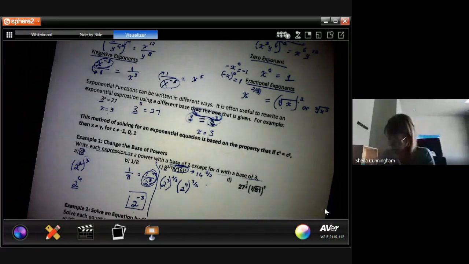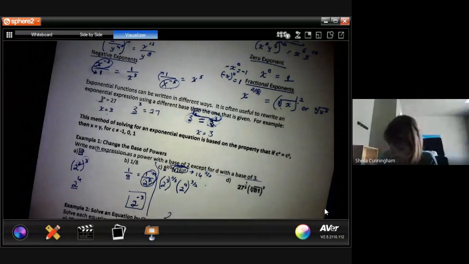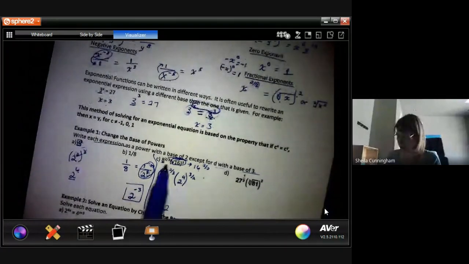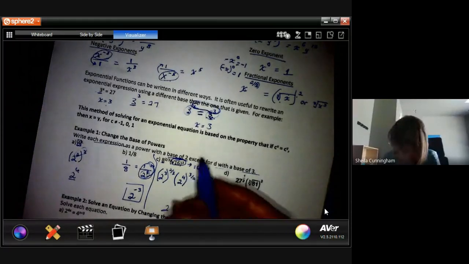So there's lots of little pieces going on in there. Now when I look at this, because ultimately my answer still has to be just a single base of 2, right now I've got a base of 2 here with a lot of powers going on, and a base of 2 here with a lot of powers going on. We need to clean some of this up before we can simplify it.